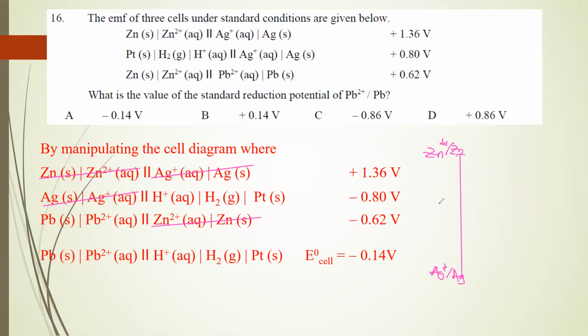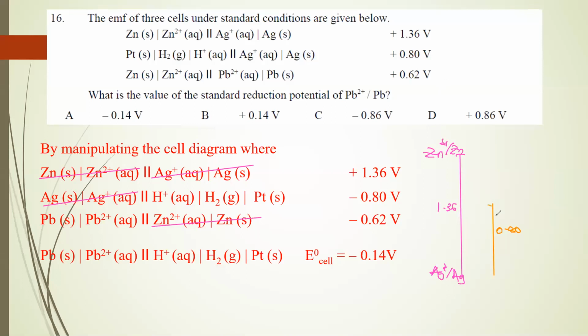Maybe you can understand better. 1.36. Okay, then Pt/H2/Ag. So Ag is still at the left side, so you make it at the low end. When Ag+/Ag is at the left side, that means Ag is lower. So you get 0.8. Okay, so this is 0.8. And then last but not least, Zn2+/Pb is 0.62.